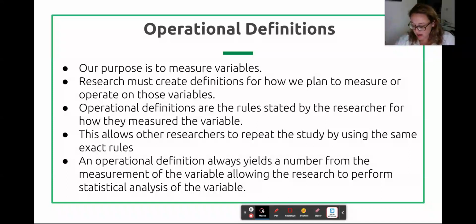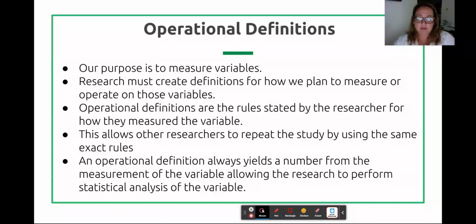All right. Now, the next little bullet under operational definition is that each word must be defined. Okay. Very important. And then how are they going to measure? Very, very detailed information. So again, the goal is to be able to repeat it so that they could get the same results.